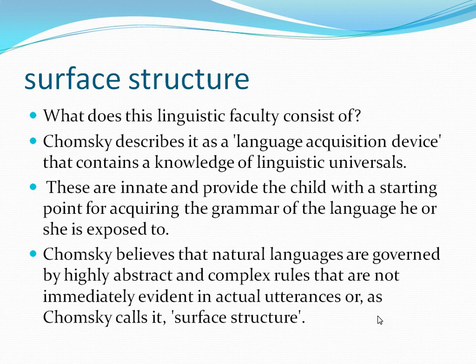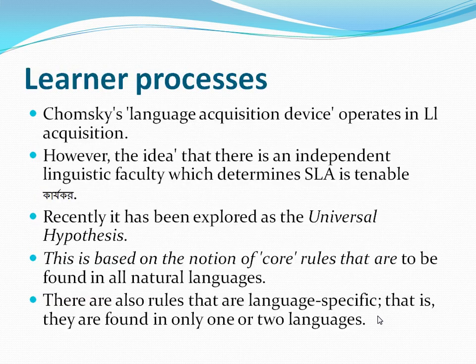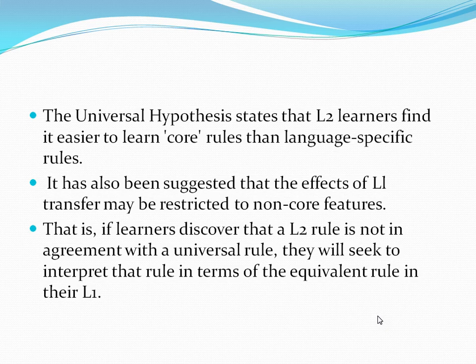And here, surface structure and also deep structure, you know the process. That means Chomsky has said this, that in case of universal grammar, every language will be following a specific pattern, that is surface structure and deep structure. So how is it related to the learner process?